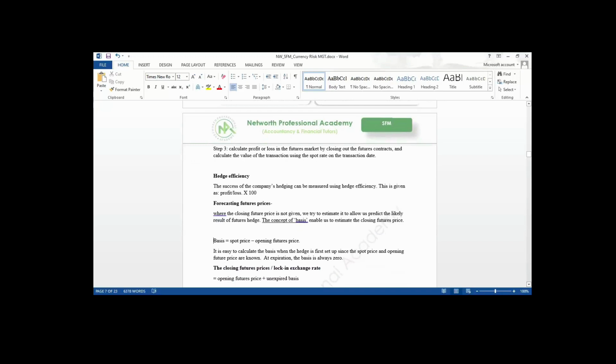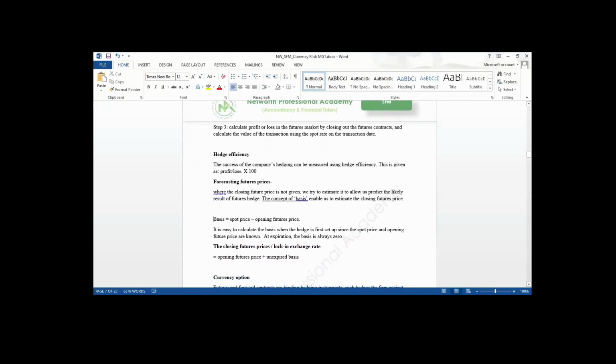Once you separate, then the last step, the closing futures price is equal to opening futures price plus unexpired basis.